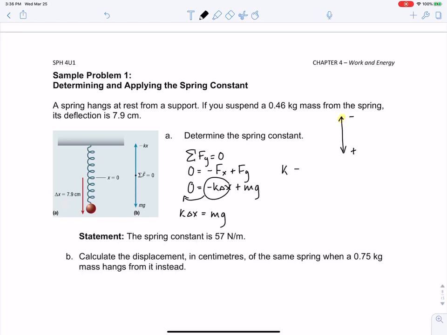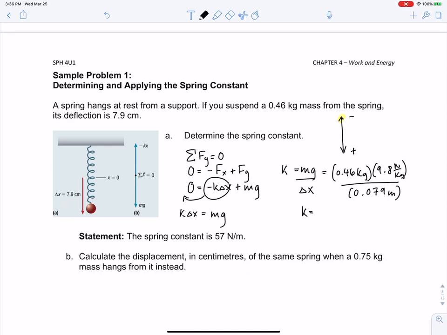Therefore, K is equal to mg divided by delta X. The mass is 0.46 kilograms. G is 9.8 newtons per kilogram, and delta X is 0.079 meters. Remember, always convert from centimeters into meters.